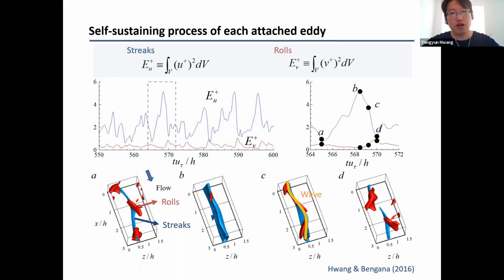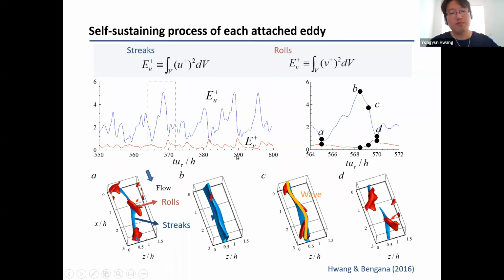I'm not going to explain how you do it, but this is the dynamics we see from those numerical experiments. What we have done here is define the Fourier-averaged streamwise velocity fluctuation, and also the Fourier-averaged wall-normal velocity fluctuation.